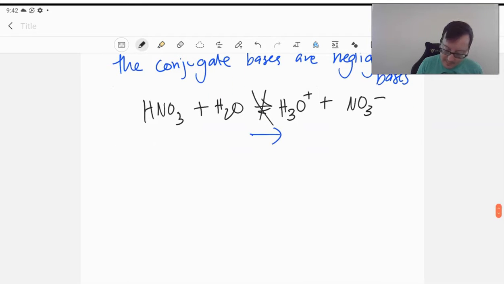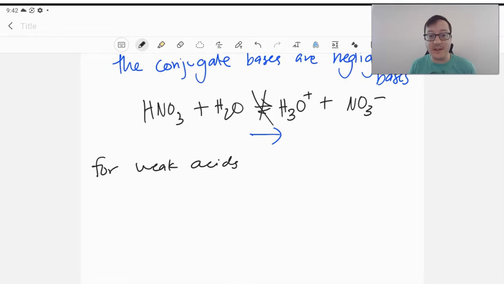For weak acids, however, which is the majority of acids, it's every acid that's not a strong acid. For weak acids, the conjugates are weak bases.